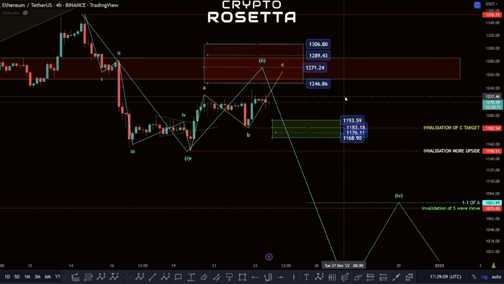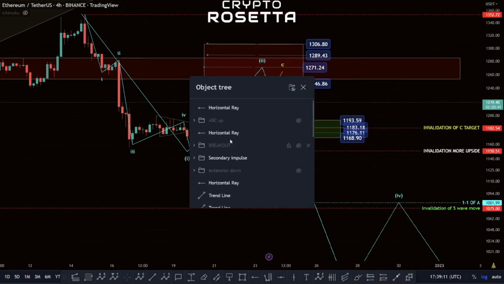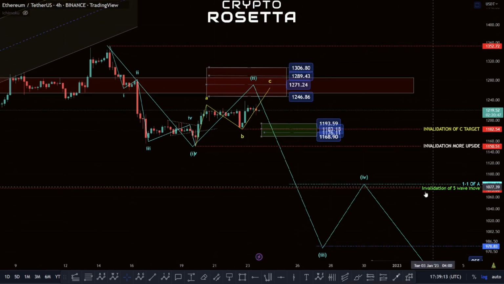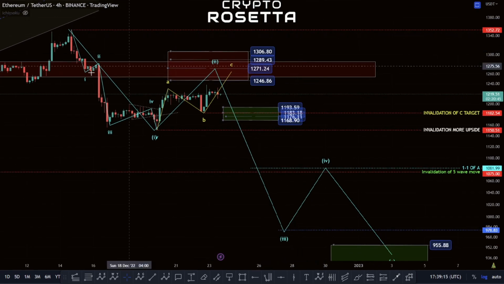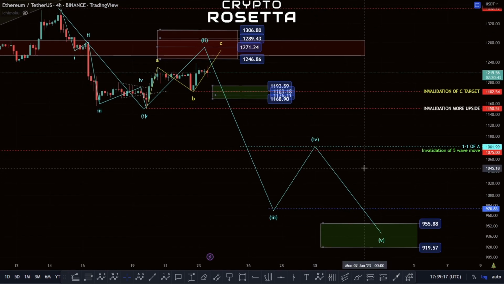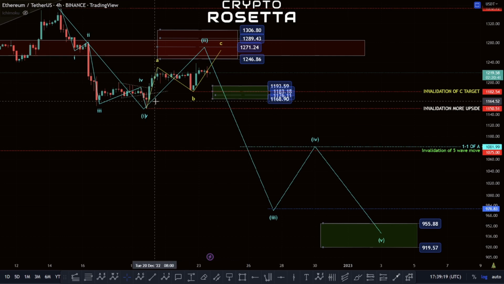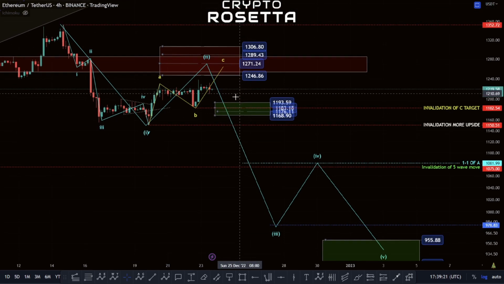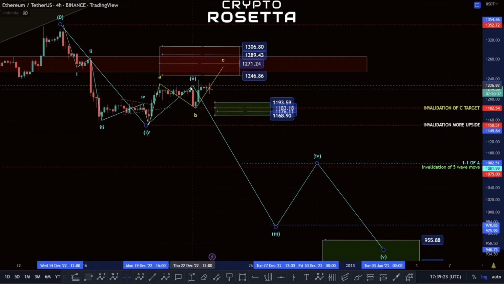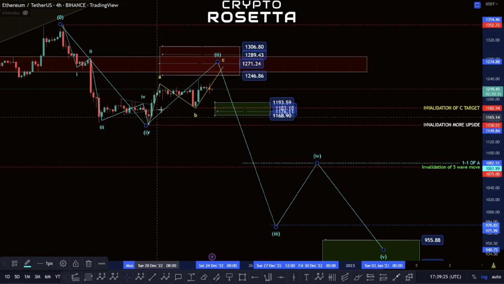So if I just jump down here, actually I'll leave it on this 4 hourly for now. Basically the idea that we're looking for here is that we're developing into a bigger 5-wave move to the downside, and what we'd be looking for currently is the fact that we are in this teal wave 2 here. So this teal wave 2 should be made up of a 3-wave move, which a typical rejection zone for this is this 1306 to this 1246 area.